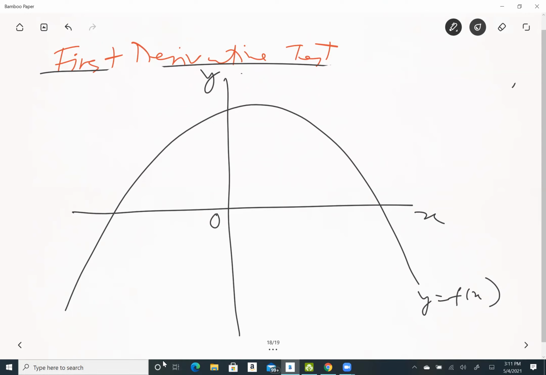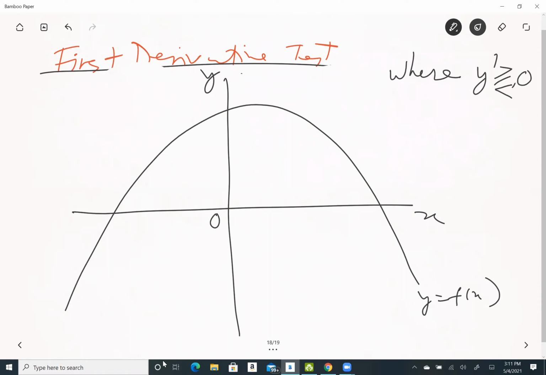Now, if you look at a curve like this, what you want to do here is you want to identify where the y prime is positive, y prime is negative, y prime is 0, okay?